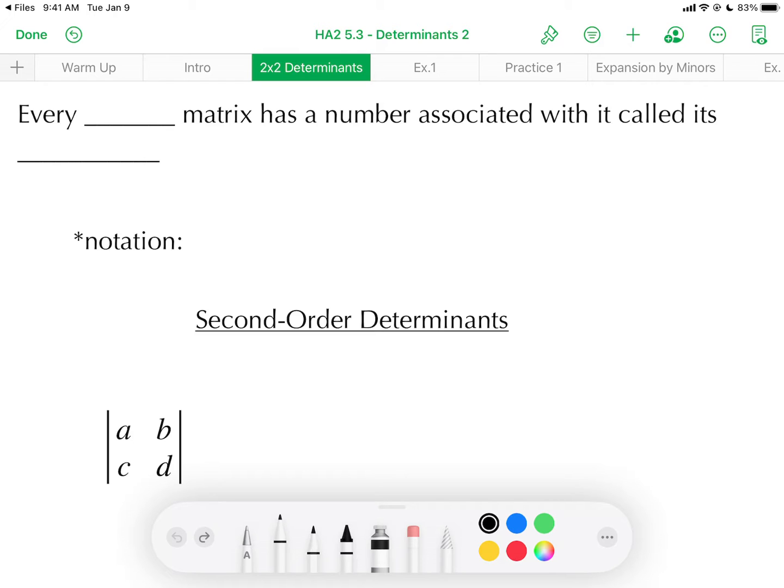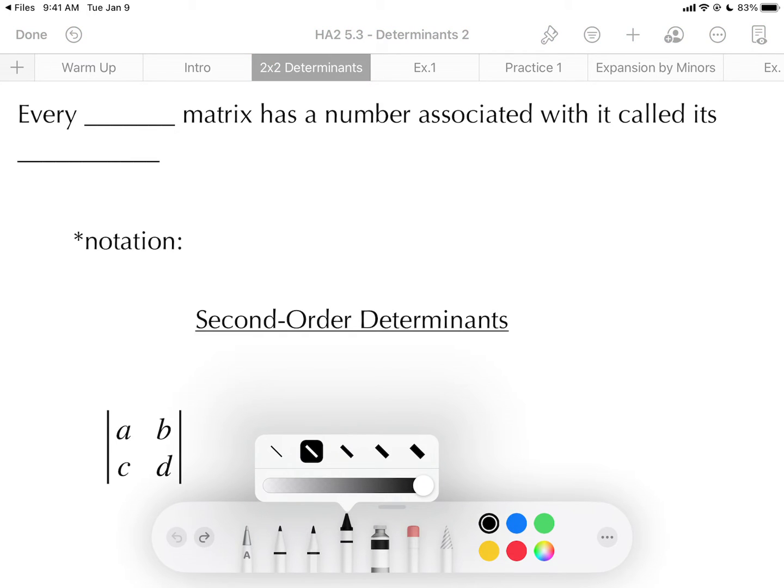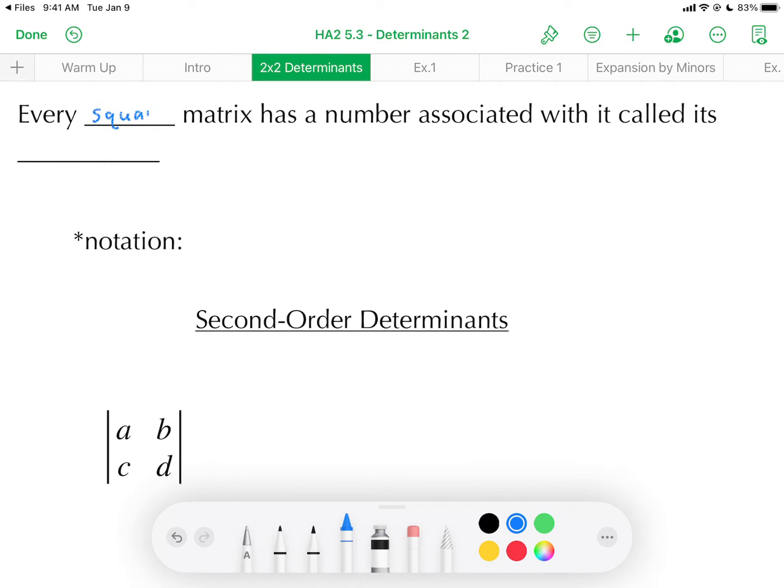We're going to say that every square matrix has a number associated with it called its determinant. Now, what do we mean by square matrix? Rows and columns are equal, okay?